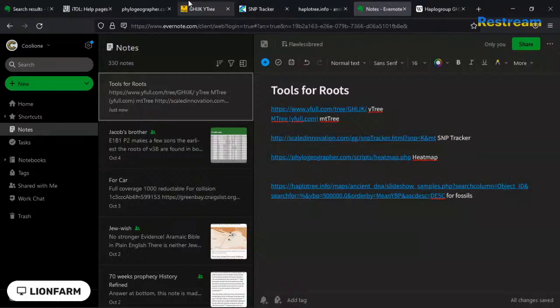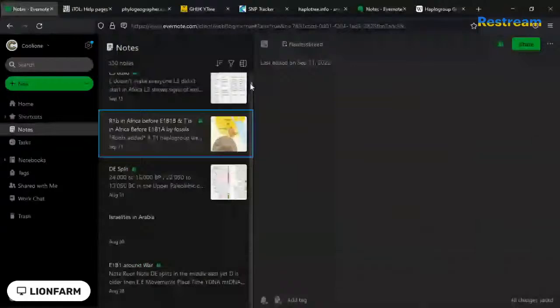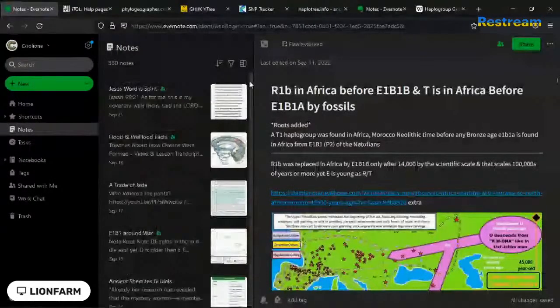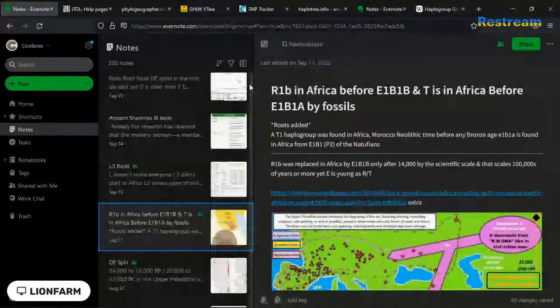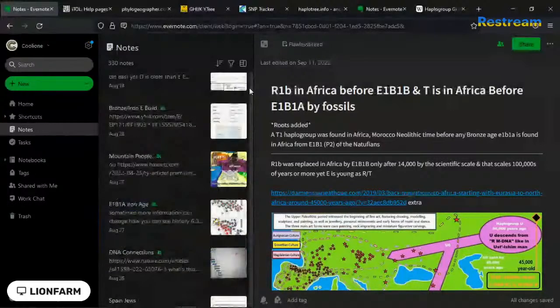For example, this is a great tool too, that basically shows the actual fossils and everything. Let me just go to it here.